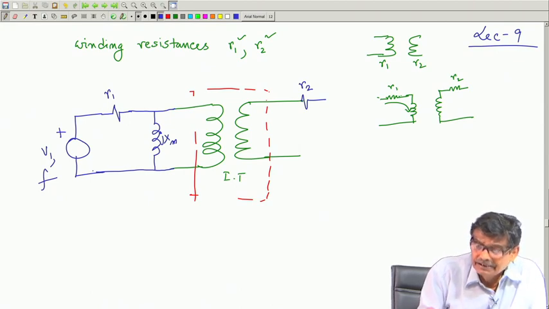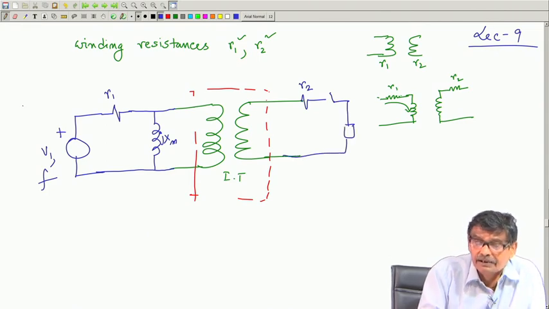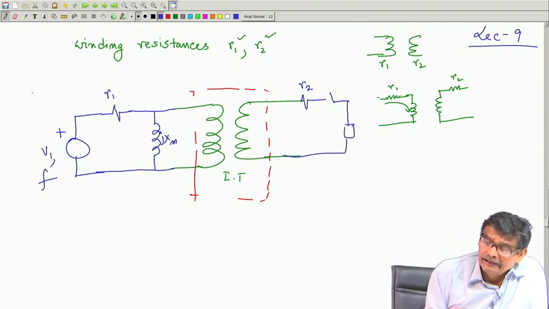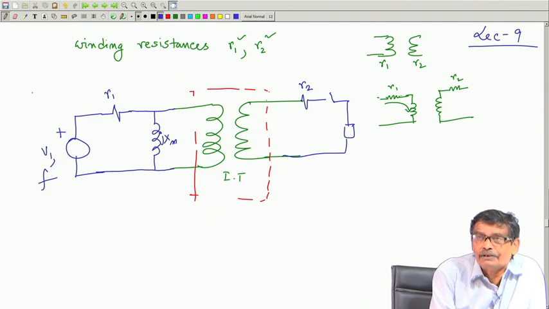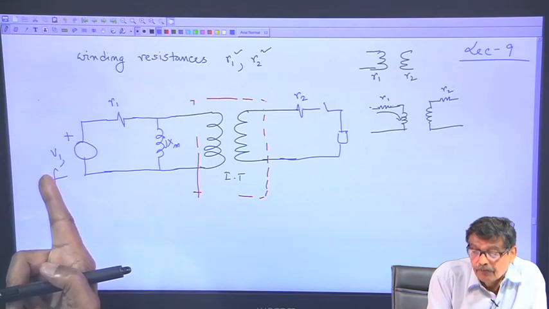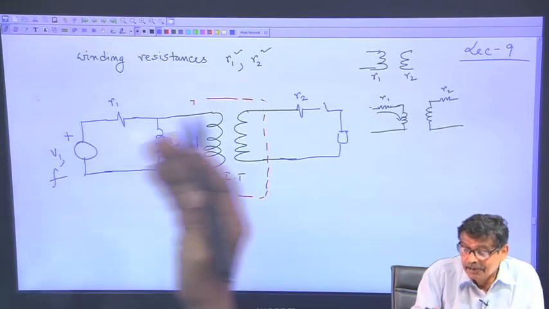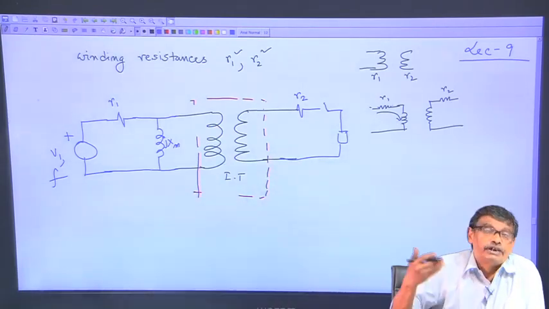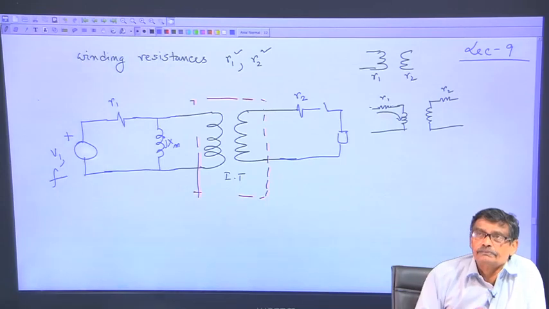So, whatever current it supplies, which is decided by maybe the load connected here, ultimately some current is drawn, and when that current flows through the winding, there will be a voltage drop R 1, and that voltage drop must be subtracted from your supply voltage, and the remaining voltage is responsible for creating flux and giving you the transformer action.